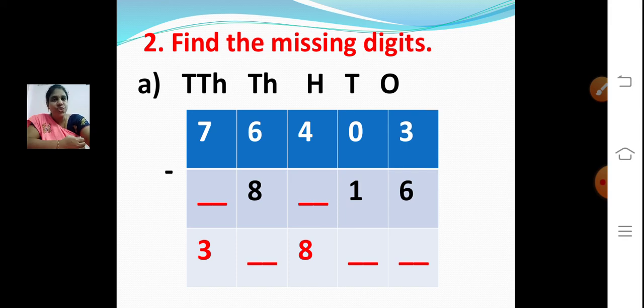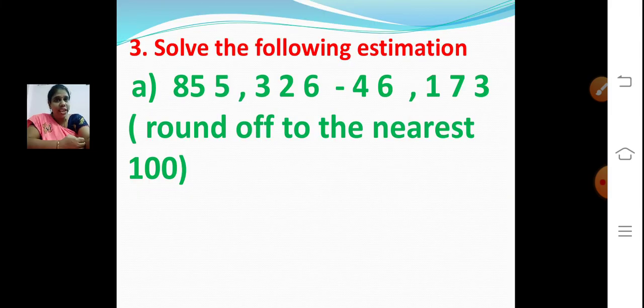Then the difference: 3, dash, 8, dash, dash. You're going to find out the missed out digits, right? And next one, solve the following estimation. You're going to round off to the nearest 100. 8,55,326 minus 46,173. Round off to the nearest 100.